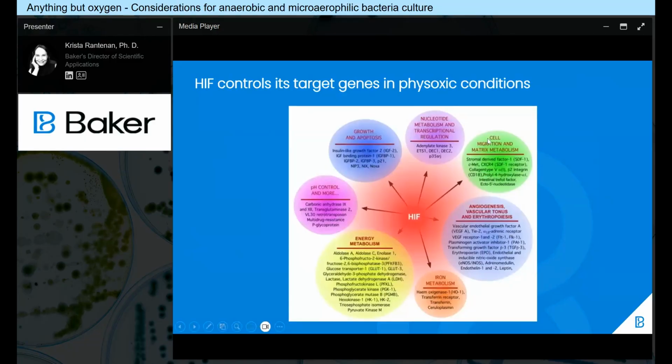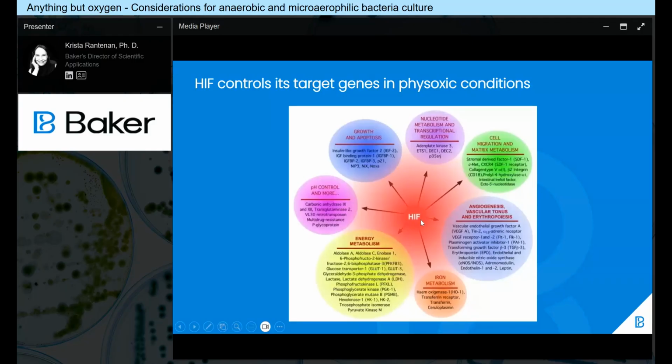Why? Because HIF controls its target genes in those conditions. And as you can maybe see, it's a bit small, but you can see HIF in the center governs or directs or activates or inhibits basically every cellular event, be it migration or metabolism for energy or other products or growth or apoptosis. So HIF is in the center.